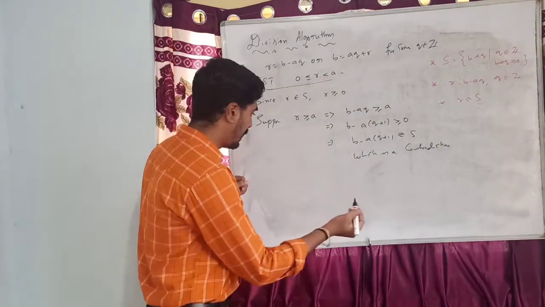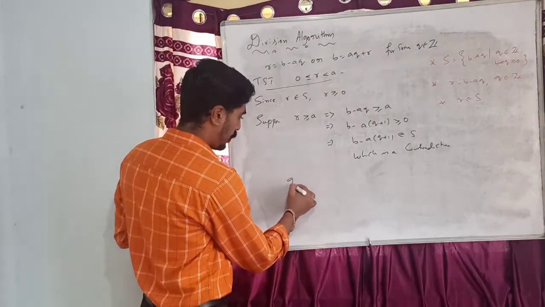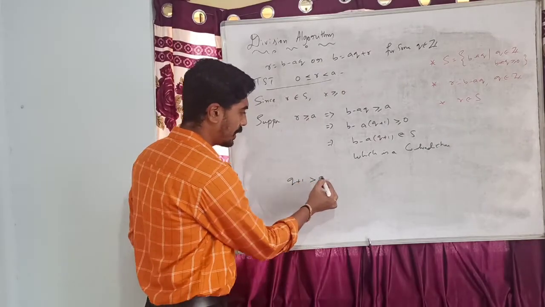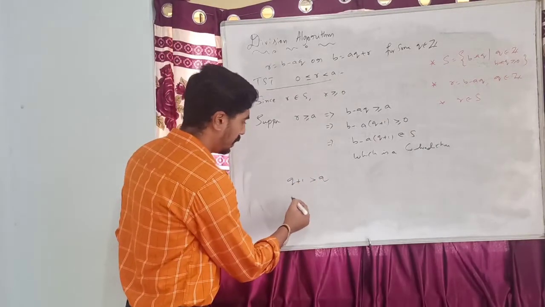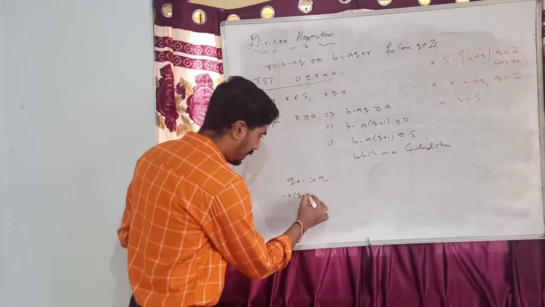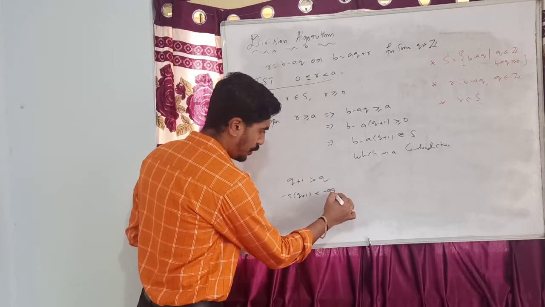Since if I take q plus 1, this is clearly greater than q. So minus a into q plus 1 is less than minus aq.